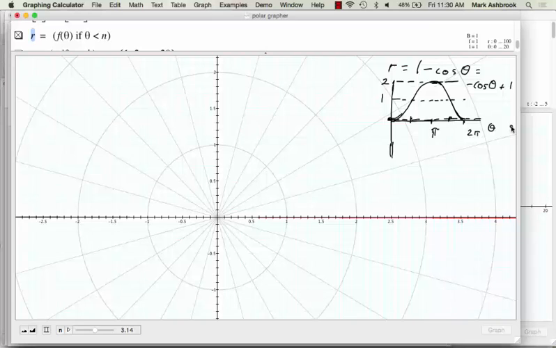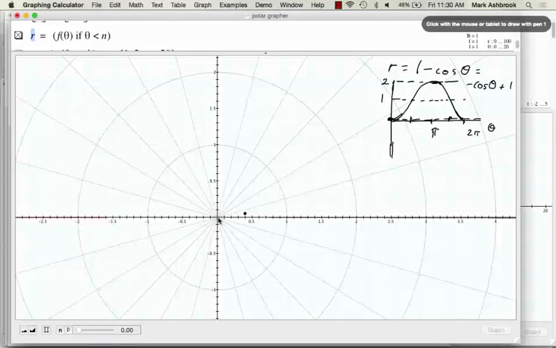Okay, here we go. So from 0 to pi over 2, what does r do? Increases to 1. So we're thinking about sweeping the angle theta from 0 to pi over 2. r is going to increase from 0 to 1. Something like this.